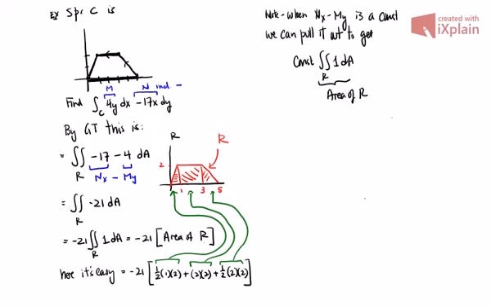Now, this is only useful when the area of R is something that you know, right? If R is a cardioid or some weird shape that you don't know the area of, then this is no help. You still have to parameterize, right? So this is useful only when R is nice, meaning known area.